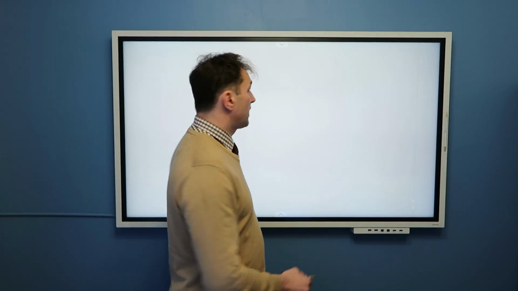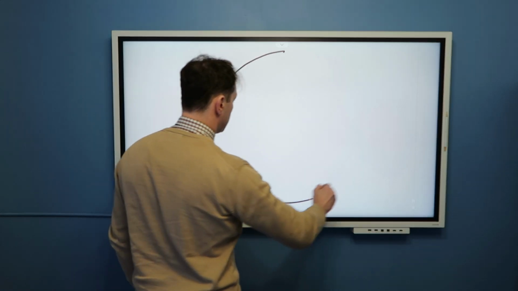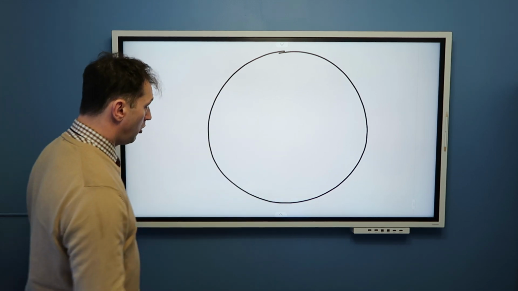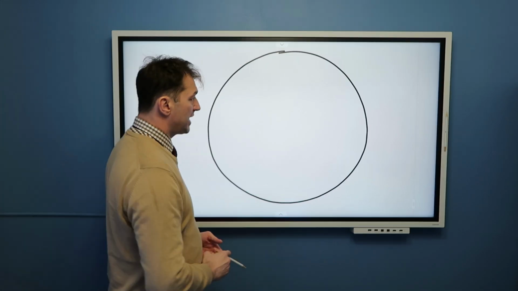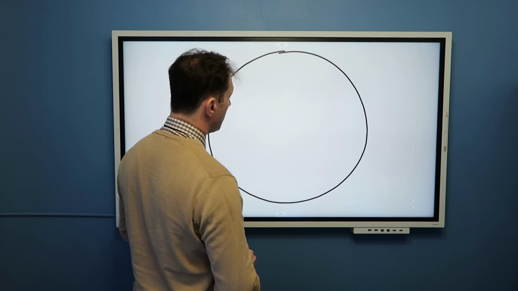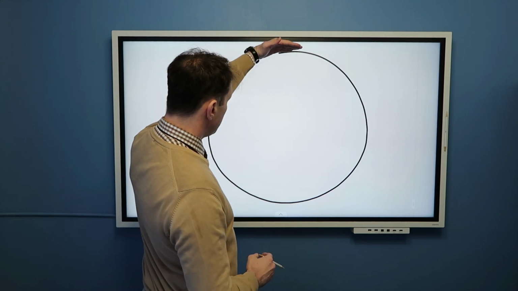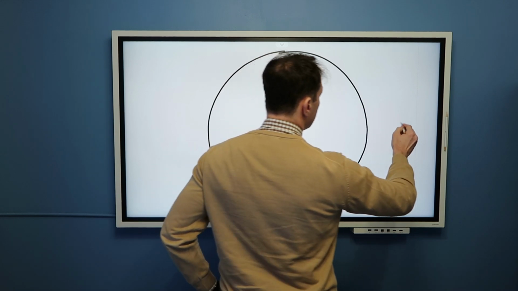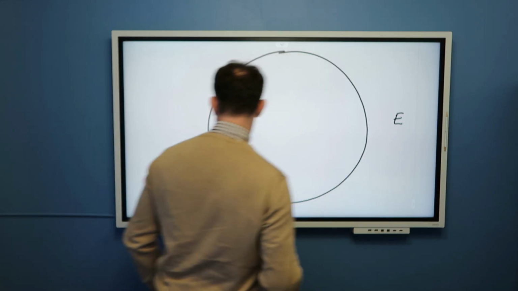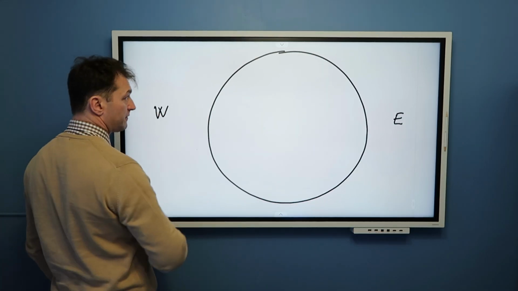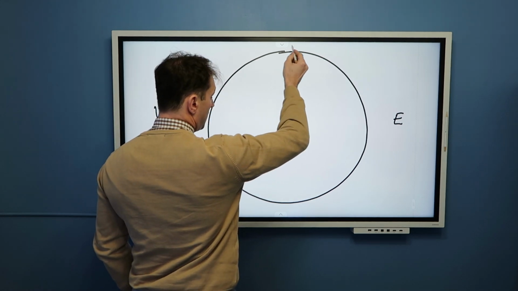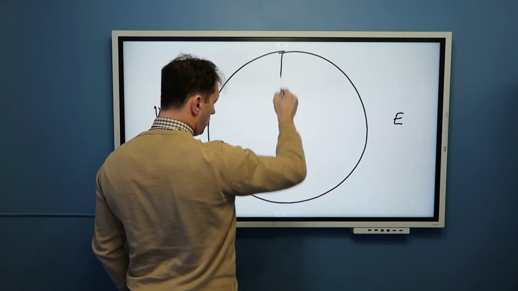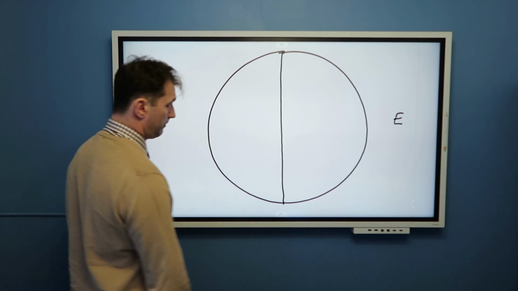We will start again by schematizing our planet as a spherical object, and the goal is again to split it in two hemispheres, but this time we are not splitting it into northern and southern hemisphere, but into east hemisphere and west hemisphere. So we take a line from the North Pole and draw it to the South Pole.